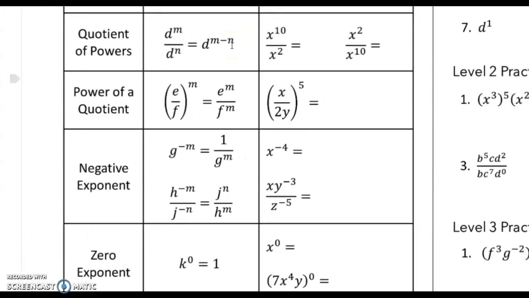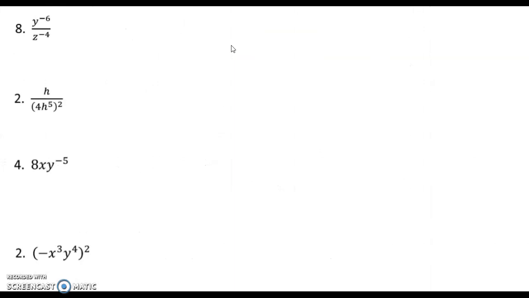The reason this works, just to show you real quick, is if you had something like x to the 5th over x to the 3rd, the reason you subtract is x to the 5th is x times itself 5 times, x to the 3rd is x times itself 3 times. So then they cancel out, and you're left with just x times x, which is x squared. But a much easier way to write this would be just to subtract 5 minus 3, and you get x squared.